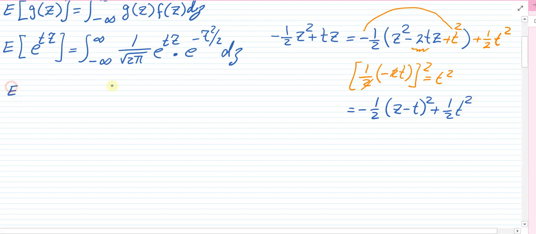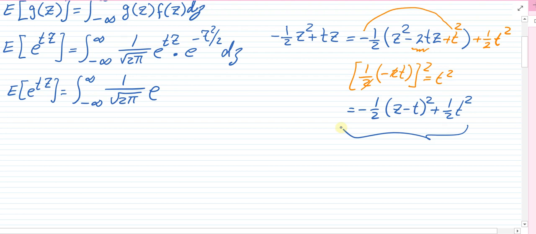Therefore, the expected value of e to tz is going to be the integral from negative infinity to infinity of 1 over square root of 2 pi, and here I'm going to put this in the exponent, combining using the multiplication rule of exponents: negative 1/2 z minus t, quantity squared, plus 1/2 t squared.